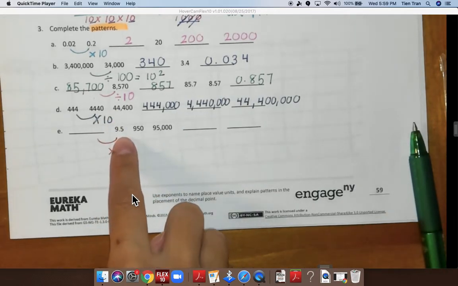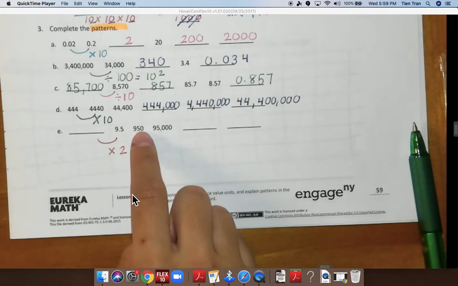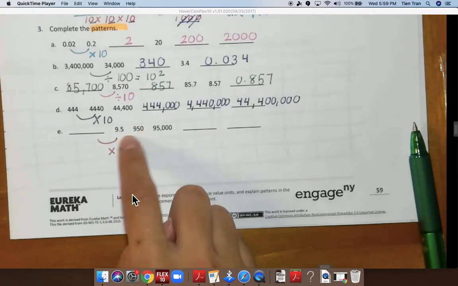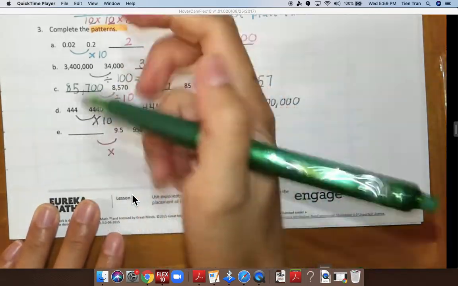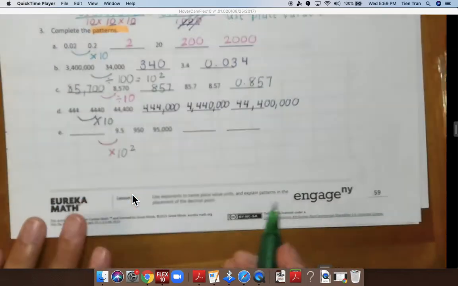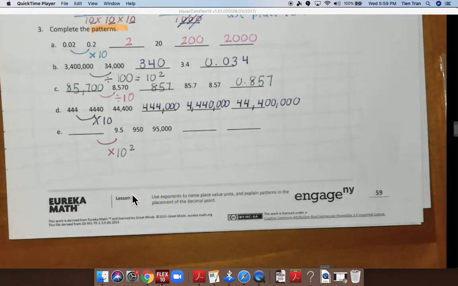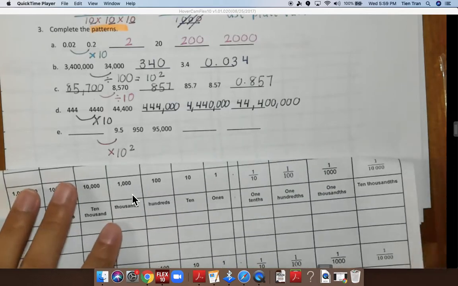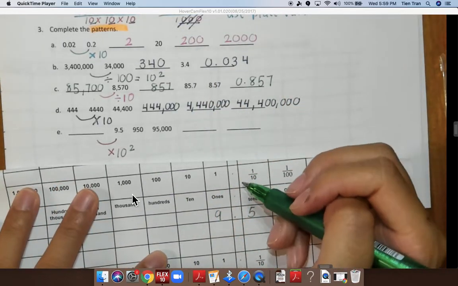Now this one, I noticed this one is actually increasing. If you look at it, it goes from 9.5 and then it goes to 950. It's increasing by 10 to the power of 2. Okay, so that means that for this one right here, 9.5, I need to make sure that I am dividing 9.5 by 2 times.